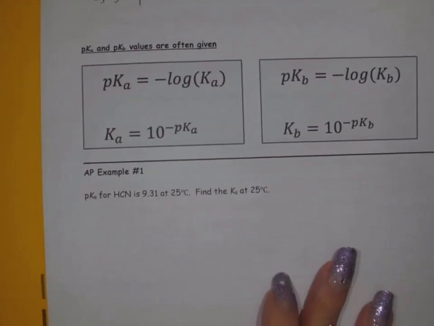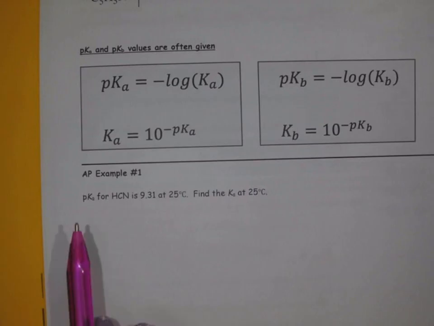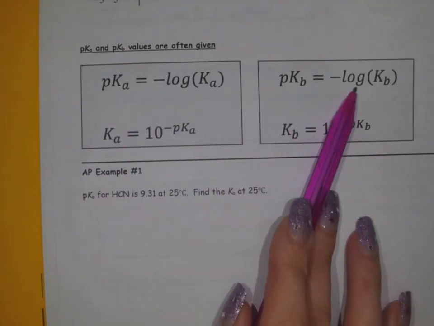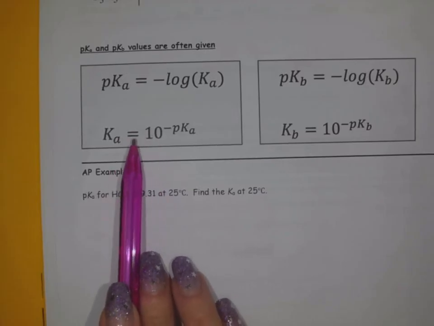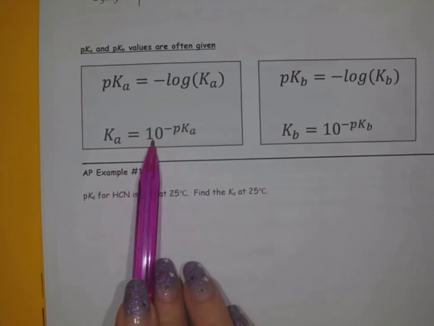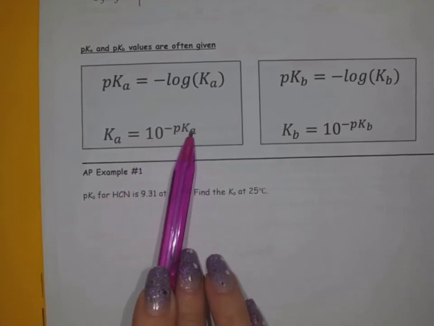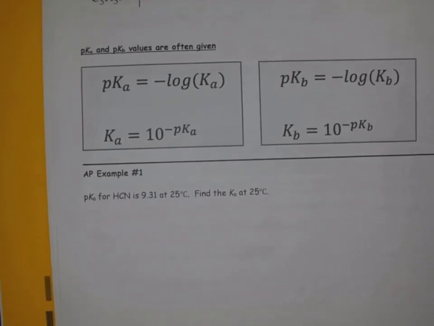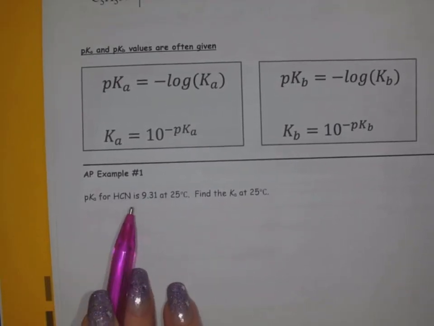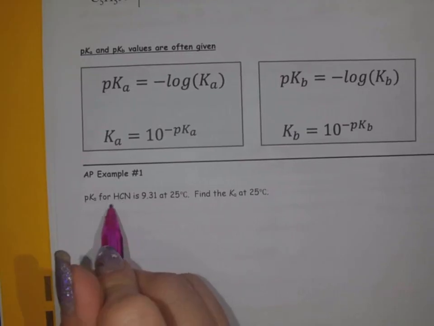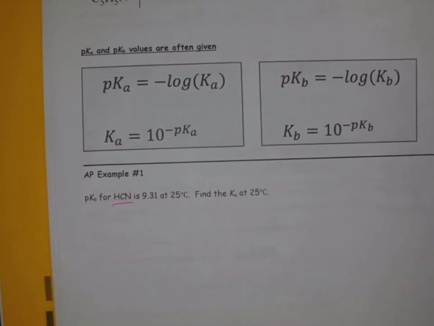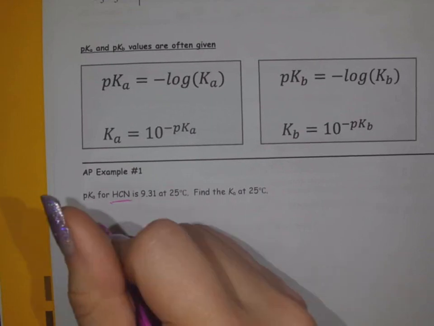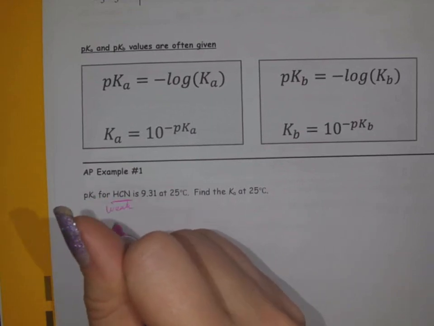This is just showing that relationship again, that pKa or pKb is the negative log of Ka or Kb. And just from before, if you are given pKa, you can do 10 raised to the negative pKa, and that will equal Ka. So for this quick example, the first thing I notice is it's an acid, it has hydrogen at the front, but it's not one of my big 6, so this is a weak acid.